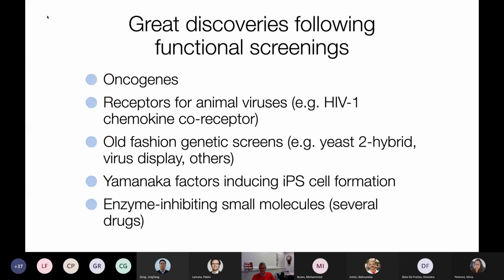Or in another example that I have seen in my career, in my previous interest, I've been working with HIV for almost 20 years.